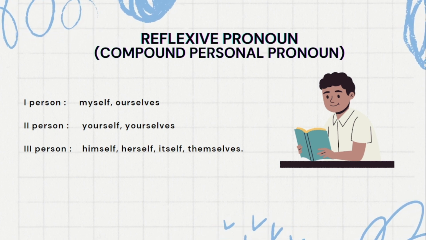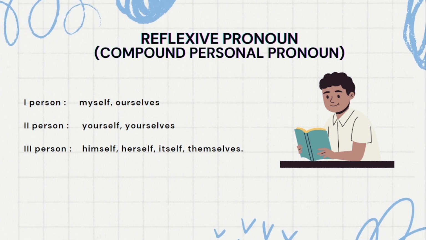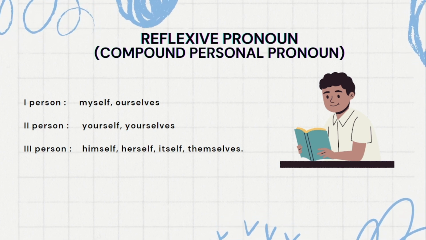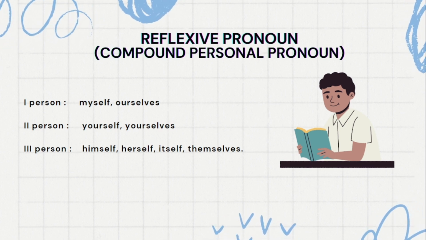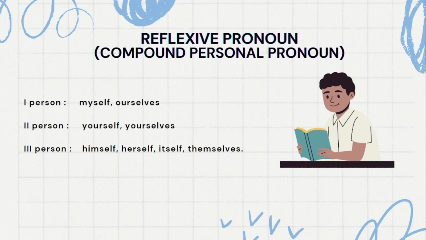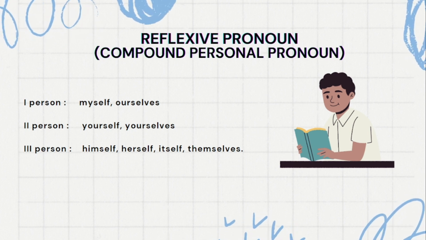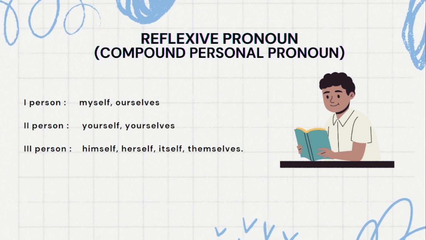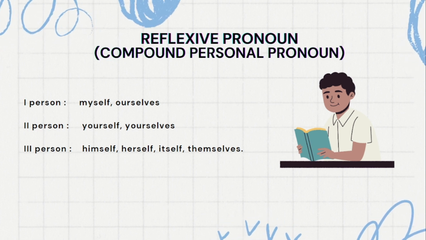S-E-L-V-E-S. Next, third person. Third person means others. What are third persons? He, she, it. These are the third person singulars. He is the subject form. Of course, a personal pronoun. What is the reflexive pronoun of he? Himself. She is the subject form.